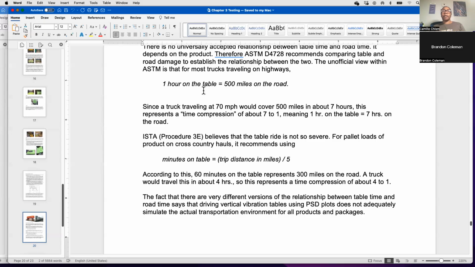So if you are in, I think, Indianapolis, I don't know if that's changed, but they used to say if you have a warehouse in Indianapolis, you could hit 60% of the population in 2 days by truck. I think that's changed now. But if you're on the East Coast, it's a much more dense population and traffic's heavier. You're not going to get as far. So this 500 miles on the road, it really depends on where you are.